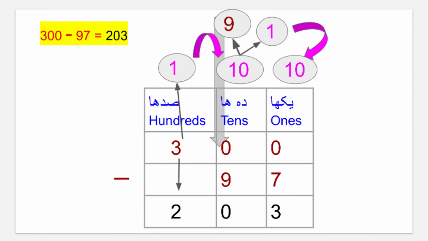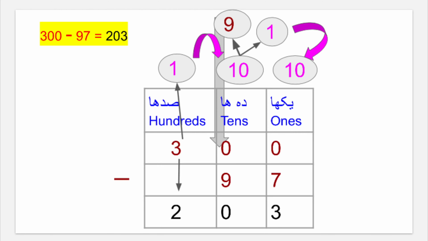I showed that part in the pink numbers in the circles. The 1 you see on the hundreds, and the number 10 in the circle on top of the tens, is shifting from hundreds to tens, shown by the pink arrow.